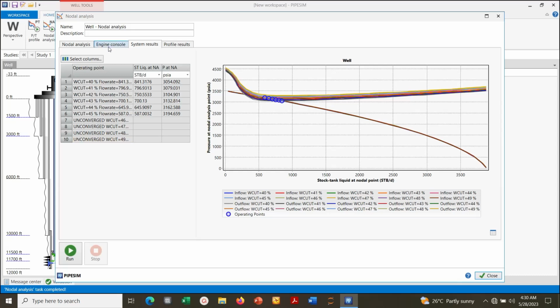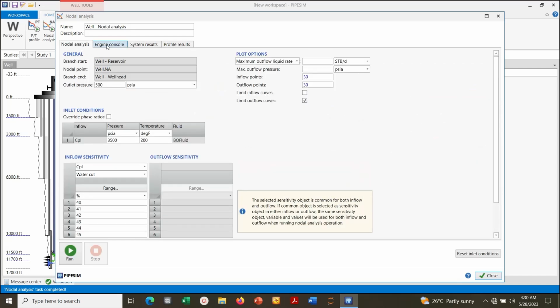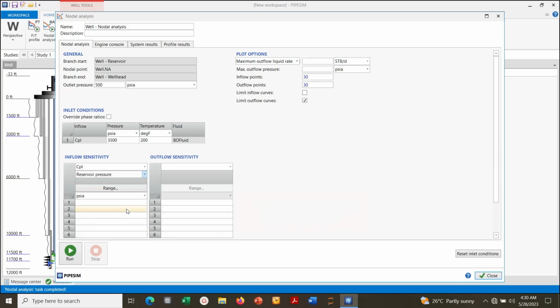Alright, so the next thing to do is to also run the sensitivity analysis of reservoir pressure and see what will be.